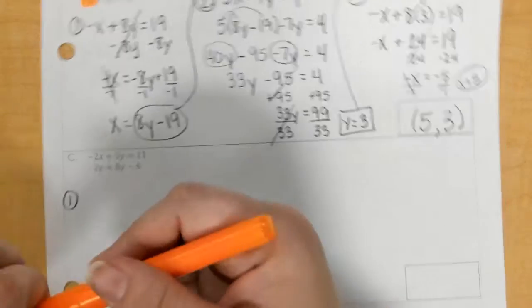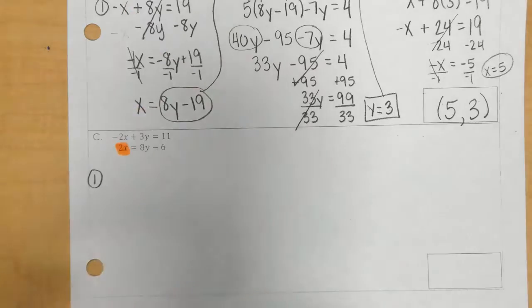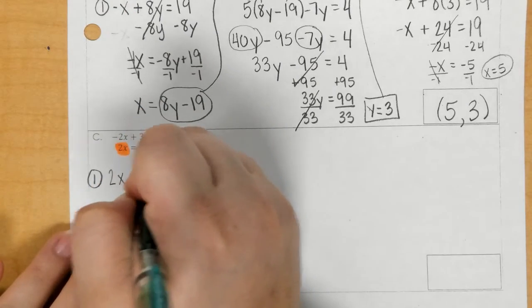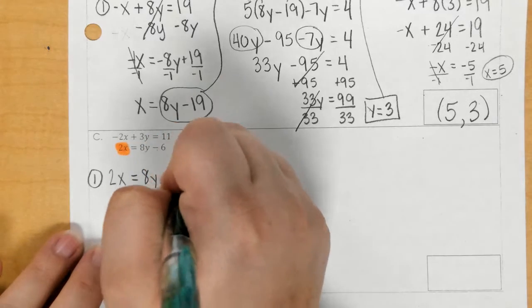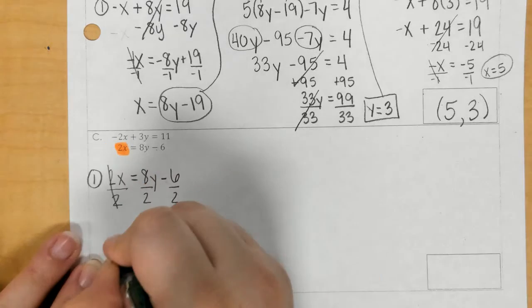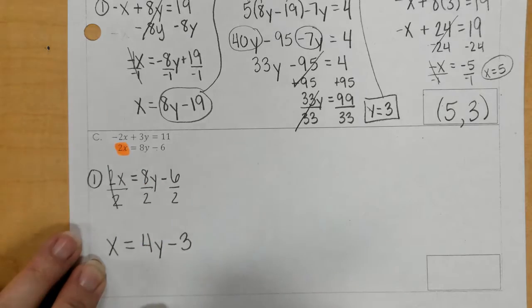So for this one, it would be the easiest to do this. Divide everything by 2. So I divide by 2, and x is now 4y minus 3.